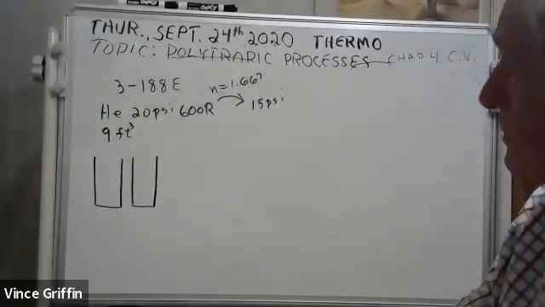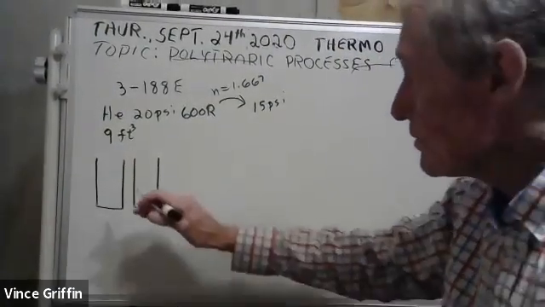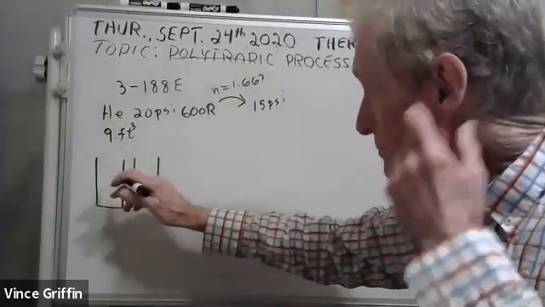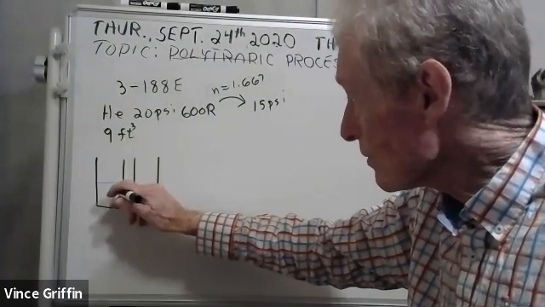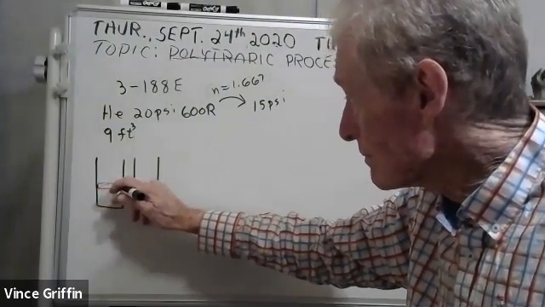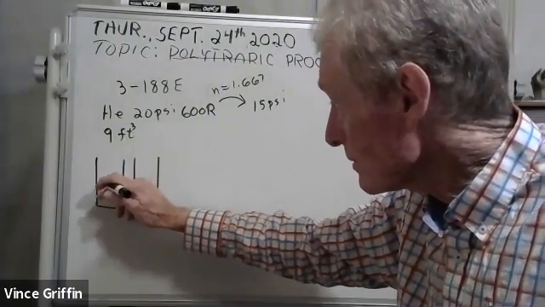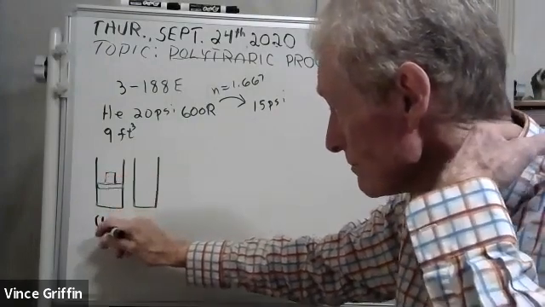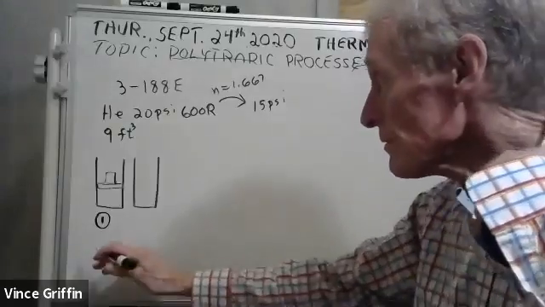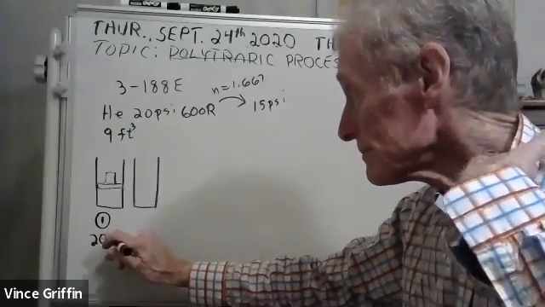And we're going to go 20 psi to 15. I think we got more pressure to start with, so we'll put a heavy weight on this like that. There's state 1. See, we got 20 psi.